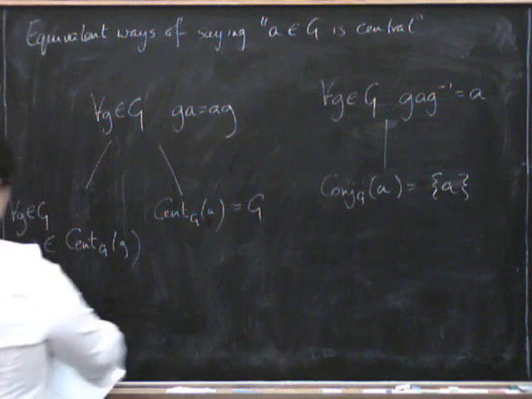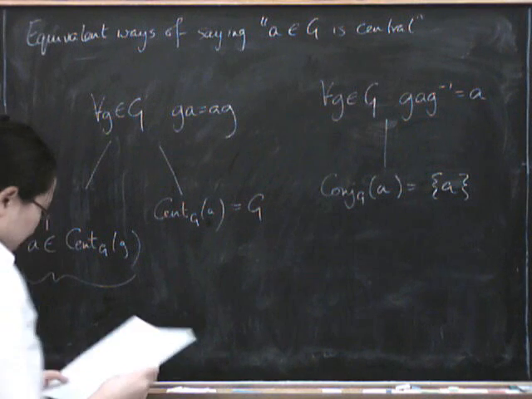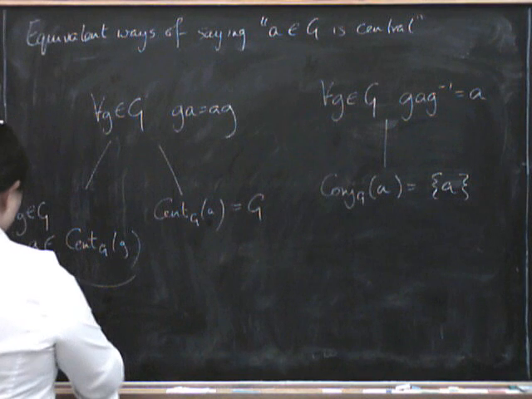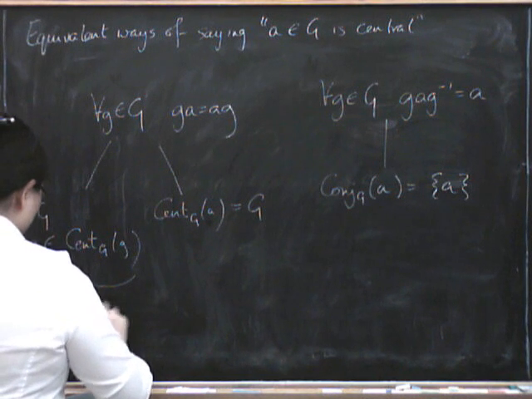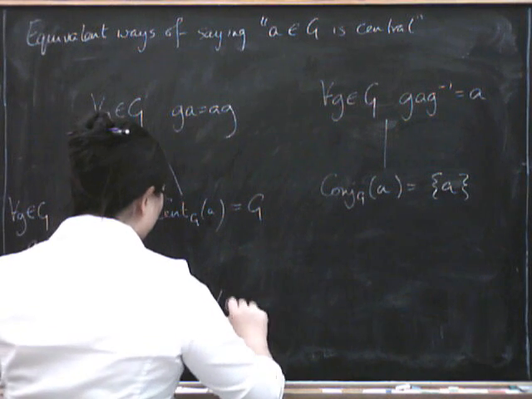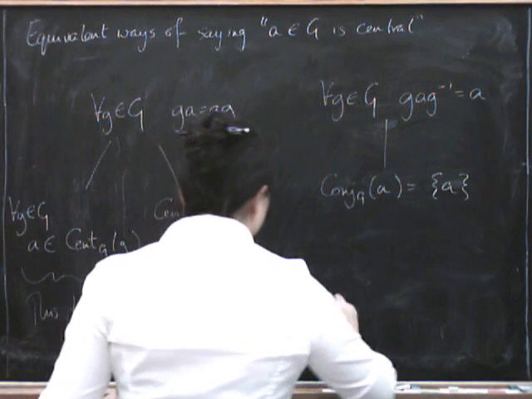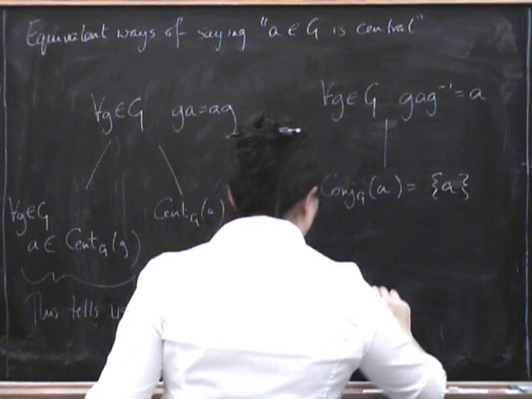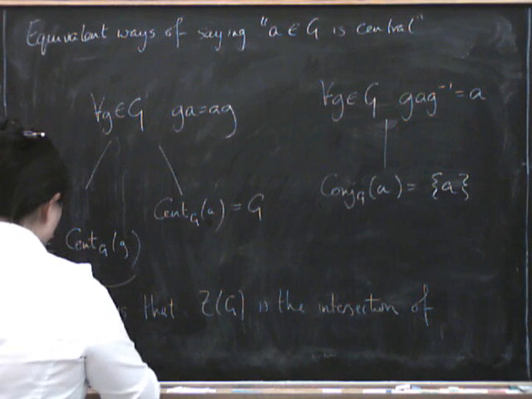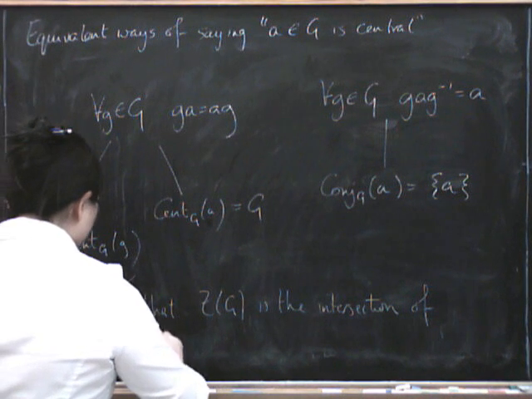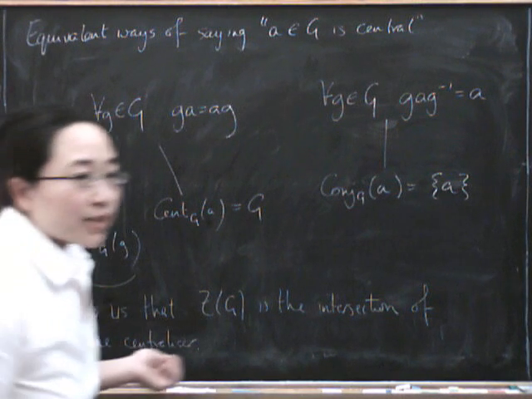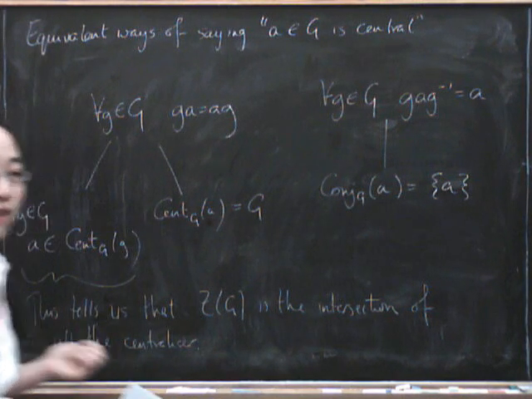And this one is in fact also telling us that the center of G is the intersection of all the centralizers. Because it's precisely all those elements that are in the centralizer of every other thing.